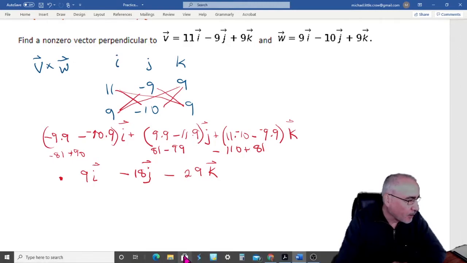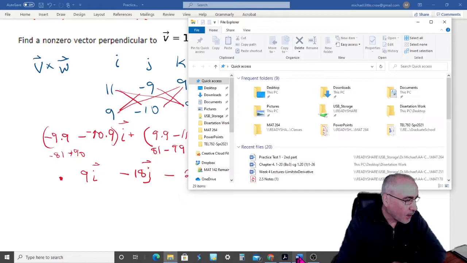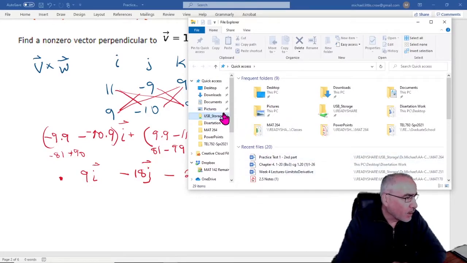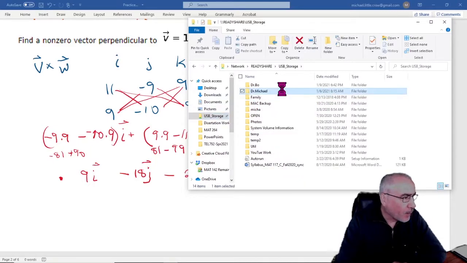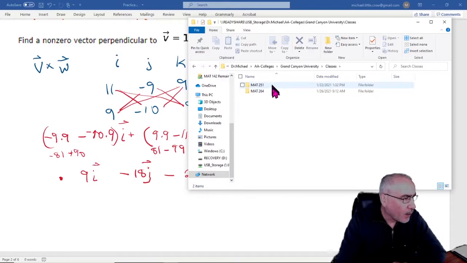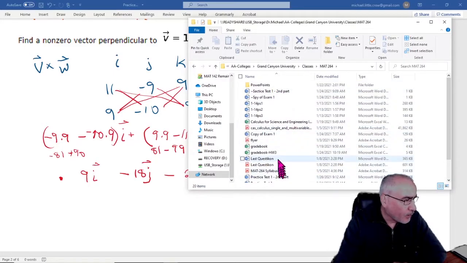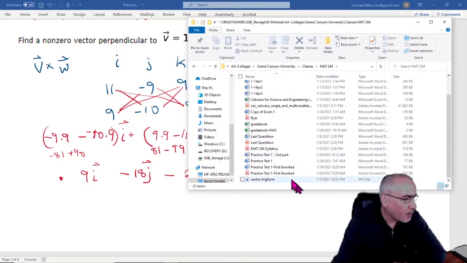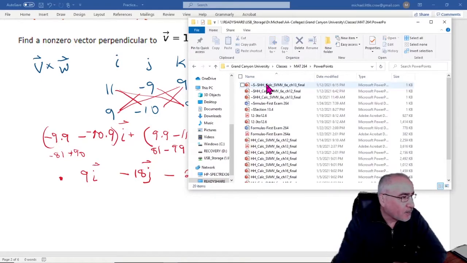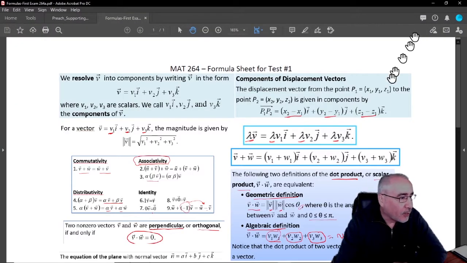I want you to get used to using the note sheet we came up with, the formula sheet. See, where's our practice first? So I got all that stuff there. Oh, I think I put it up in here. Formulas for first exam. Get used to working with this.